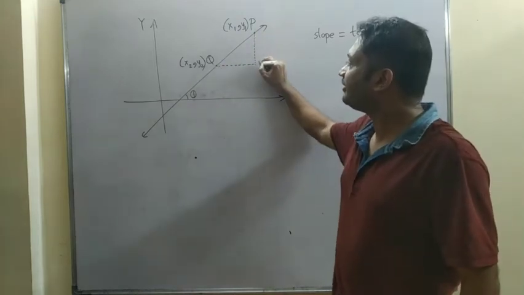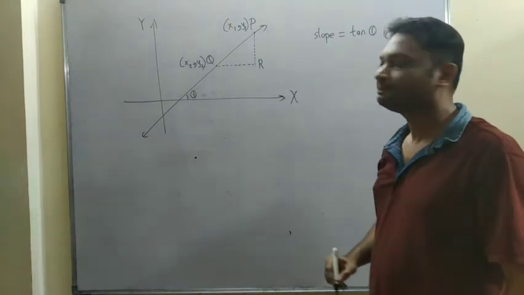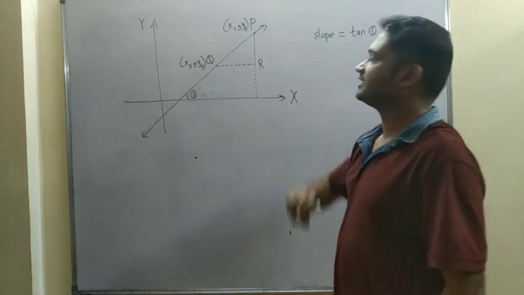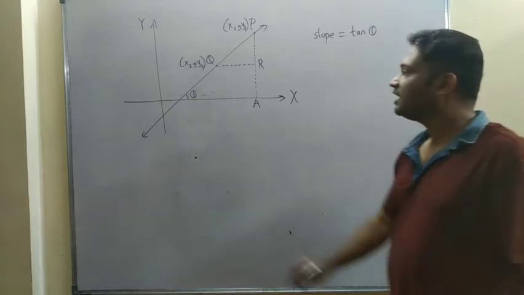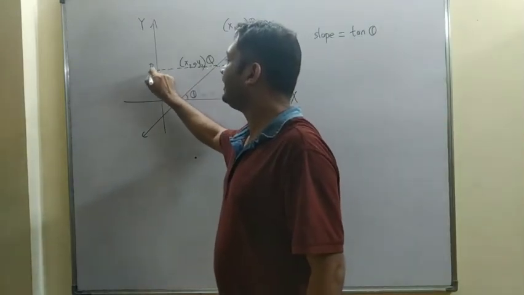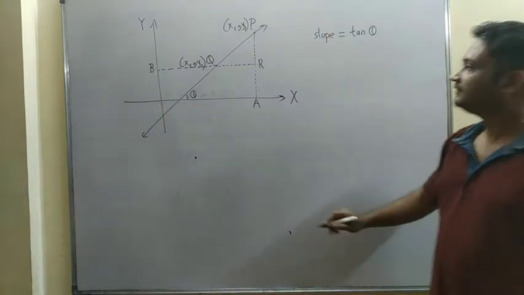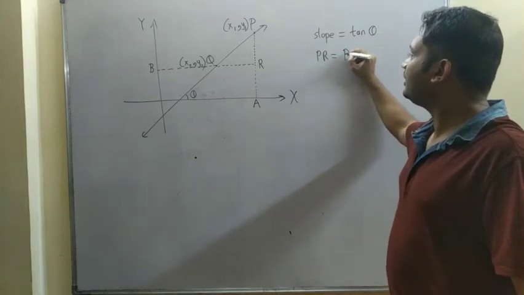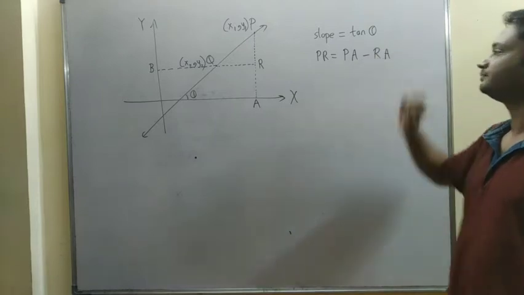Now I have a triangle, let us say PQR. If I extend this perpendicular to the x-axis and it meets at point A, and I extend this perpendicular to the y-axis and it meets the y-axis at point B, then I can say PR is equal to PA minus RA.